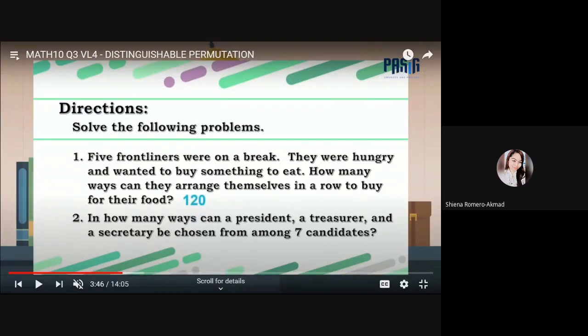In how many ways can a president, a treasurer, and a secretary be chosen from 7 candidates? Sabihin niyo muna sa akin yung permutation notation before we proceed to the answer. What is the permutation notation here? Yung nasa taas, that's permutation of 5 taken 5 at a time. How about in number 2?